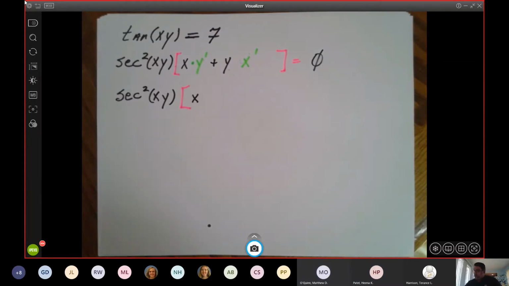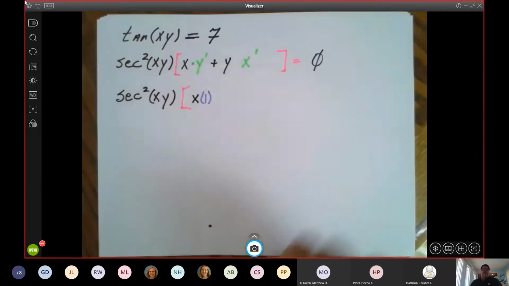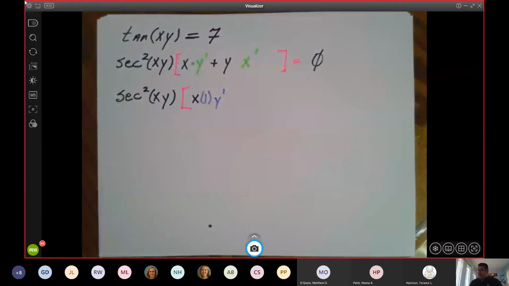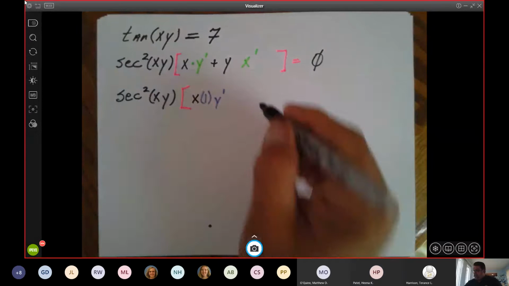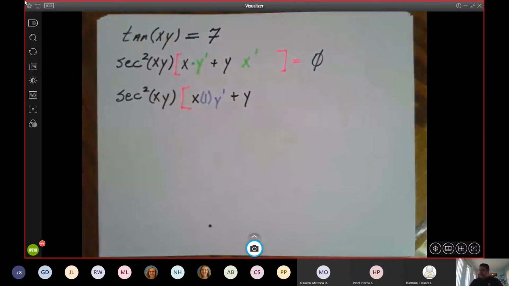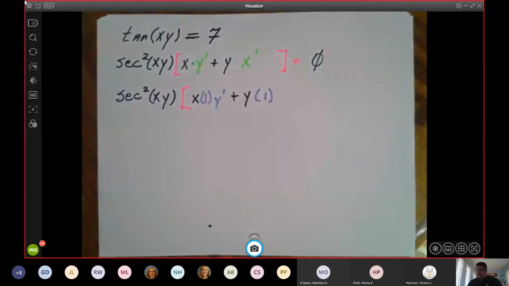We'll do 1, derivative of y is 1, and then y prime goes with that because I'm taking the derivative of y with respect to y. Plus y in black means I can't touch it. And then the derivative of x is 1. And now it's 100% algebra.